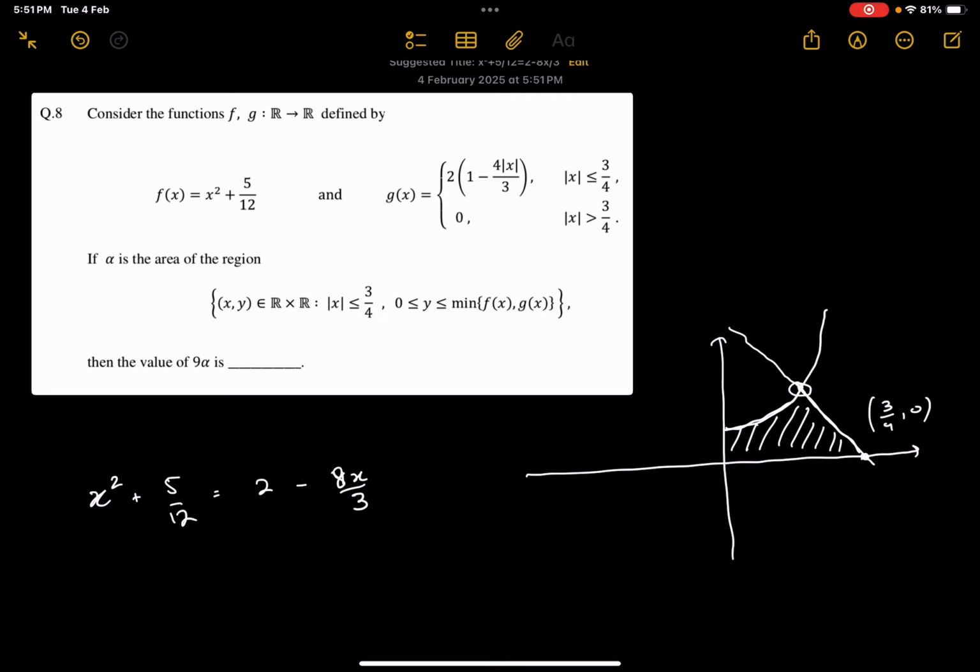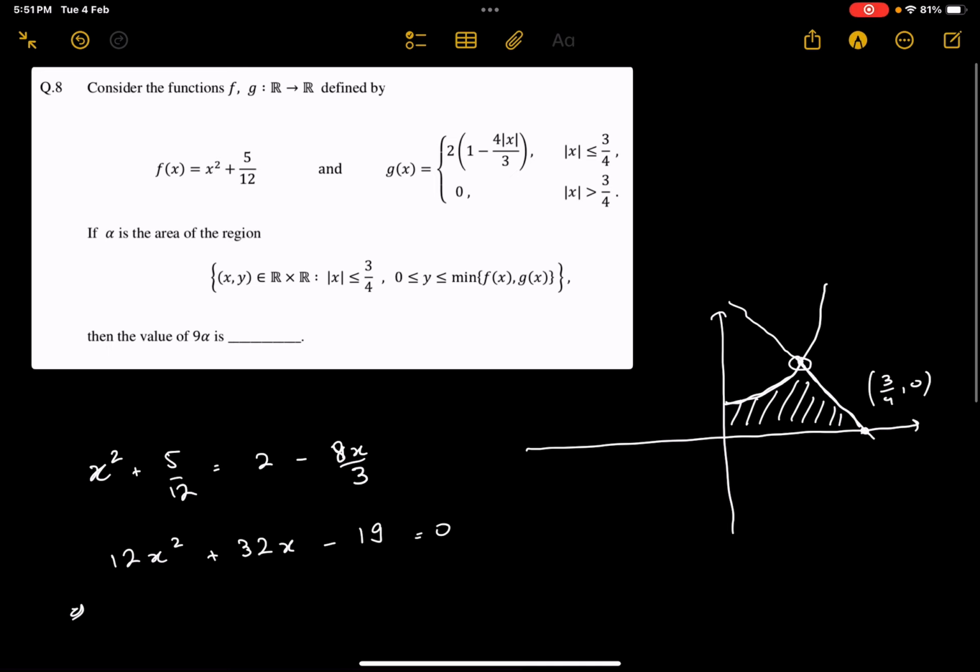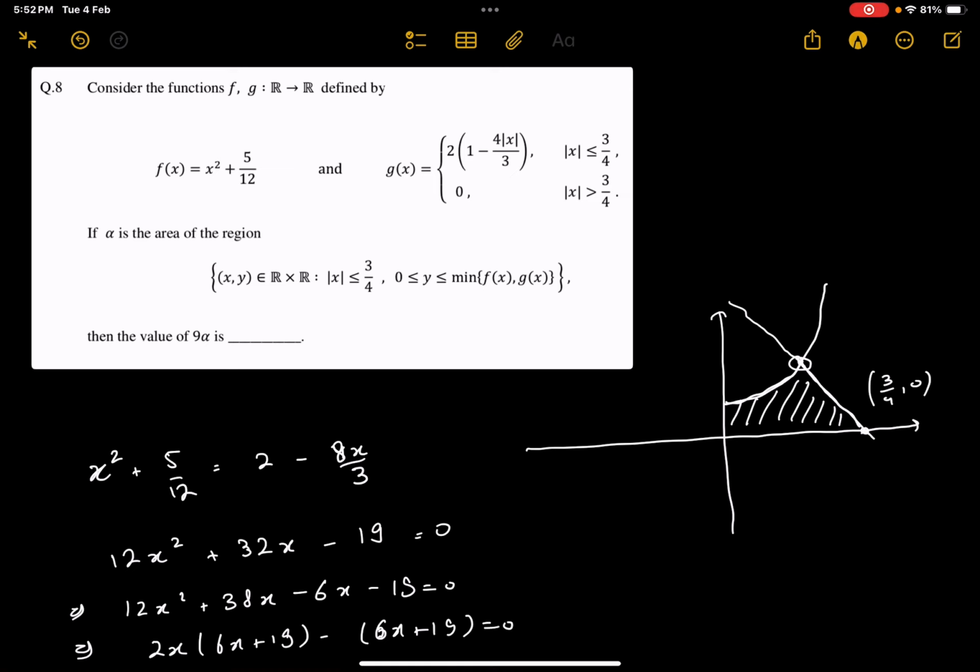So that gives me 12x square plus 32x minus 19 equals 0, which gives me 12x square plus 38x, which gives me x equals half, and x equals minus 19 by 6, which we'll reject because x is greater than 0.